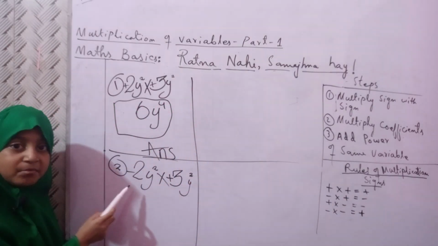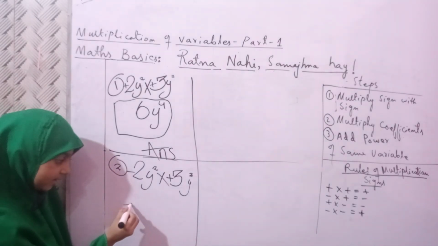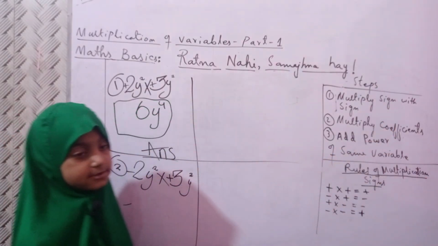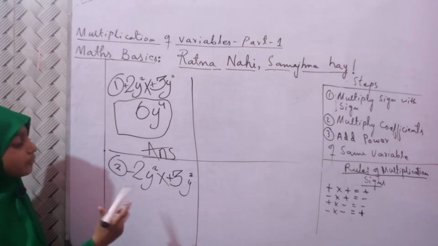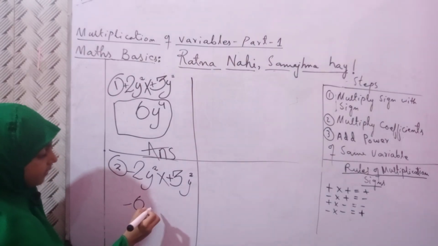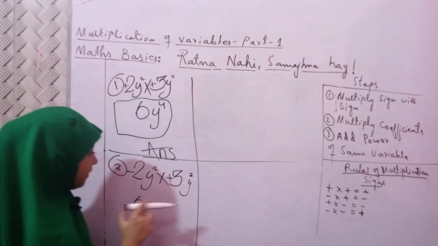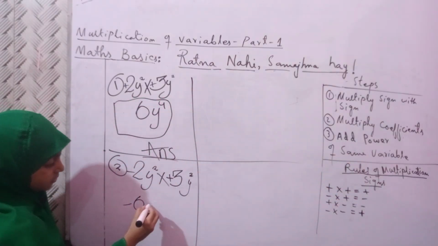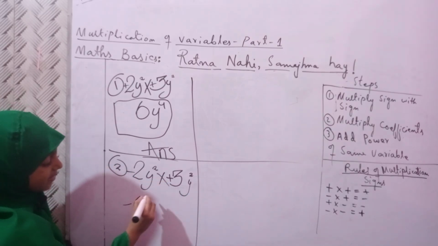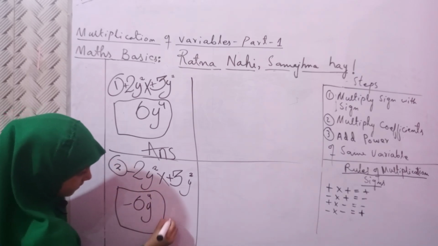And now, multiply coefficients. Now, 2 3s are 6. Now, see, add power of same variable. y multiplied by y is equal to y, and 2 plus 2 is equal to simply 4. Now, it is our answer.